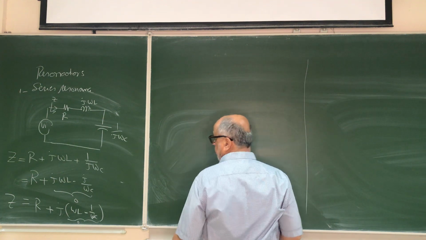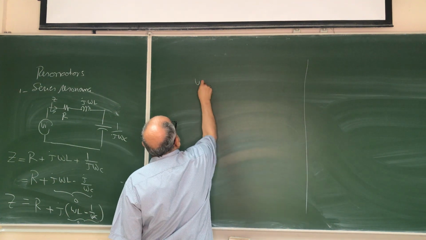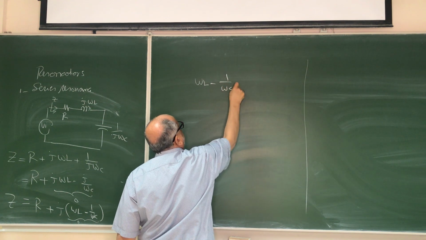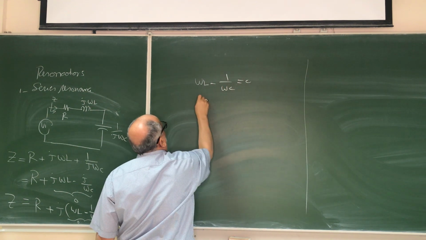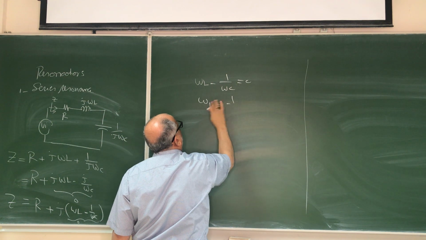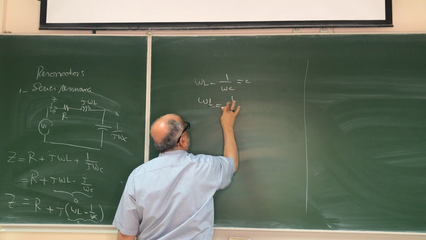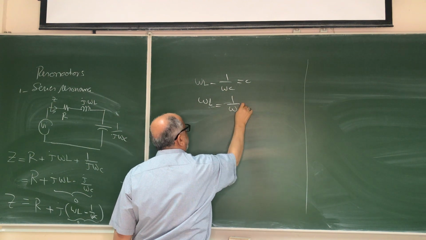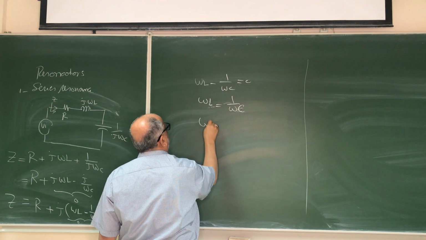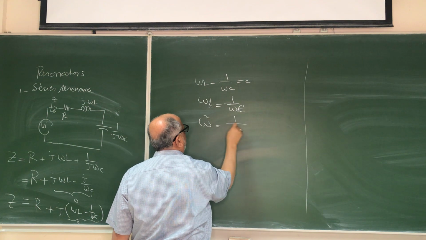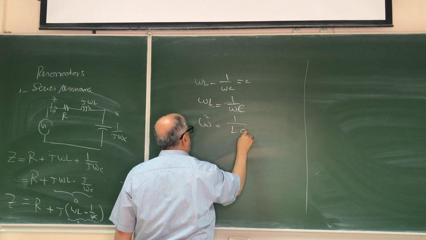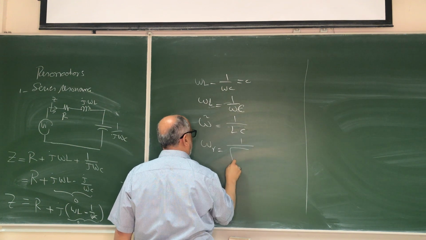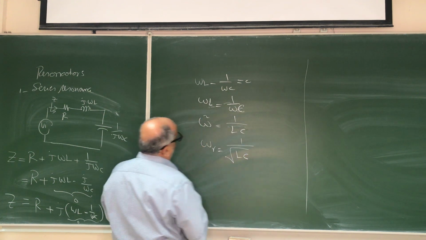We have omega L minus 1 over omega C equal to 0, or omega L equals 1 over omega C. If we multiply by omega times C, then omega squared equals 1 over LC, and we can say the resonance frequency omega R is equal to 1 over the square root of LC.